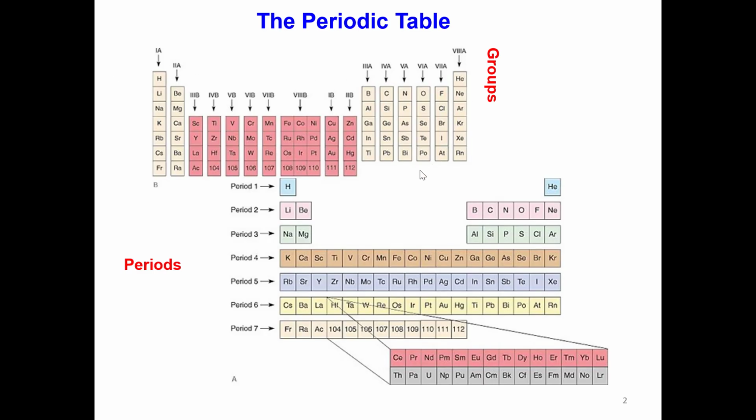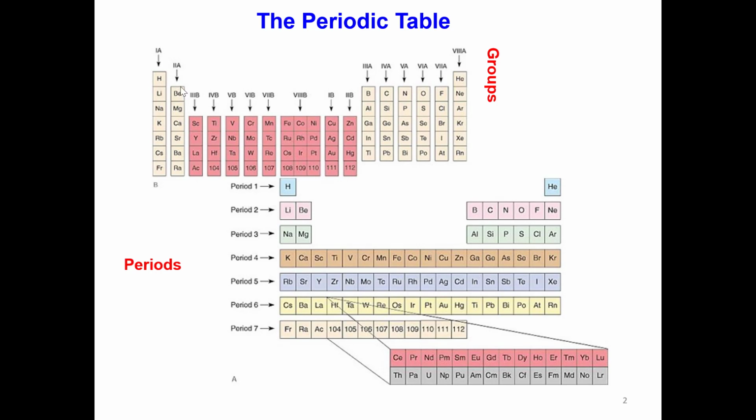We discussed last time that the position of the elements in the periodic table is important, and when we studied the electron configuration, we concluded that all the elements in the first group have one electron in the last shell.